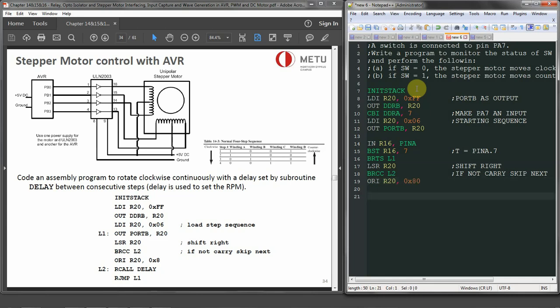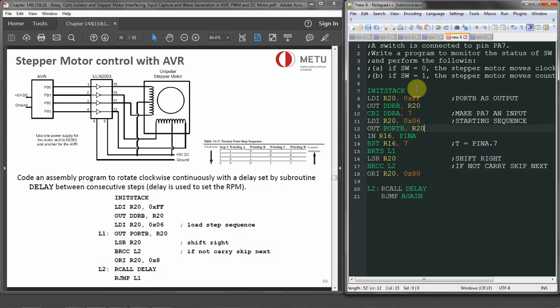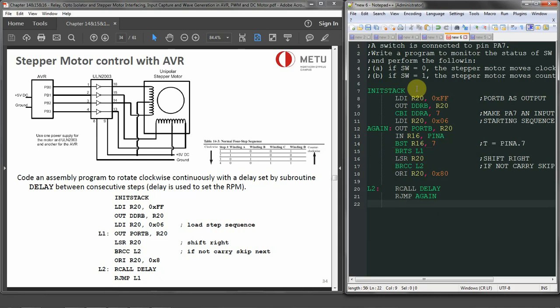That means we have L2, which is going to call a delay and jump again. Let's increase the indents so we'll be more organized. And we have to do L1 as well, which is logical shift left. So if not a logical shift right, it has to be left for counterclockwise.